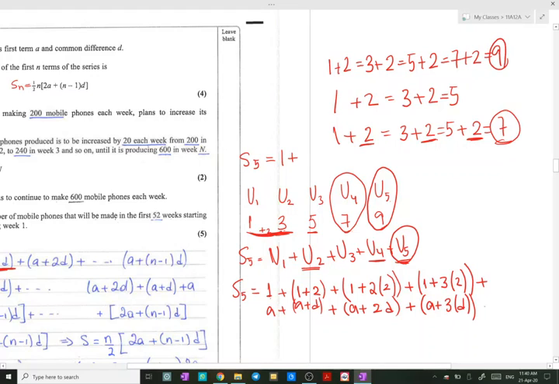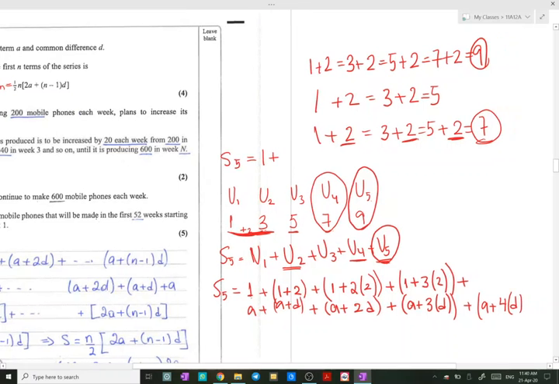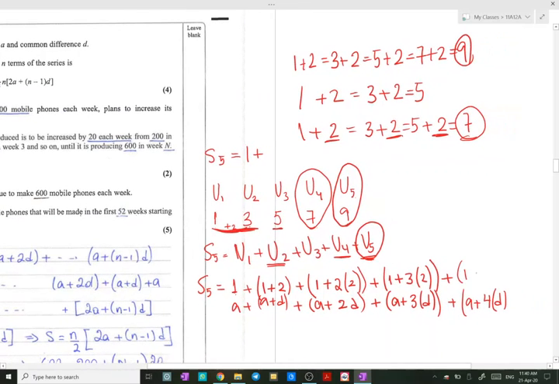So we can write it in a general form as A plus 4 times D. In numbers, it's going to be 1 plus 4 times the common difference.